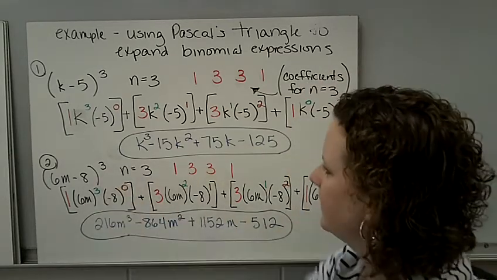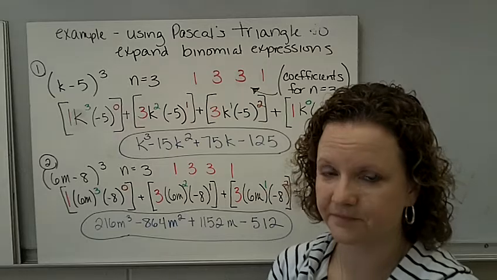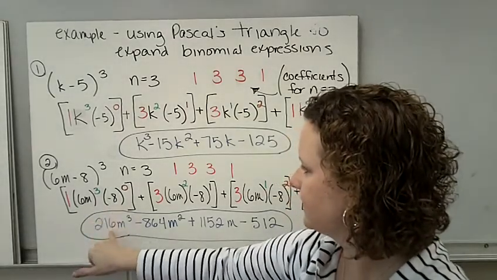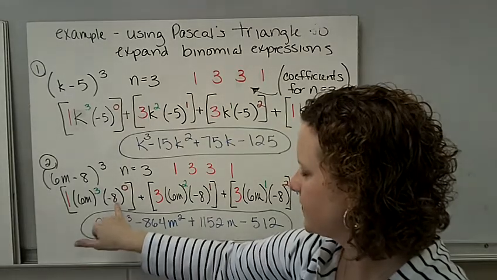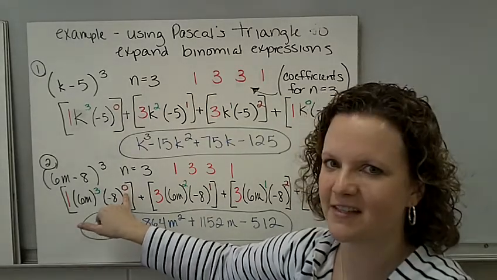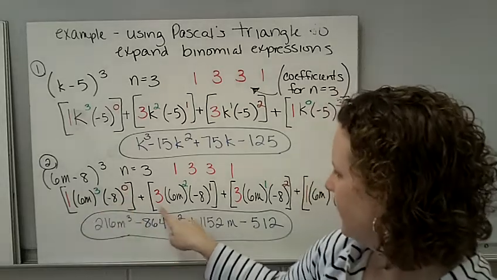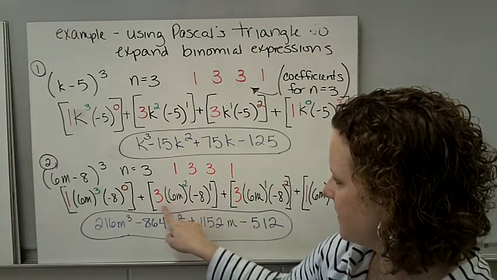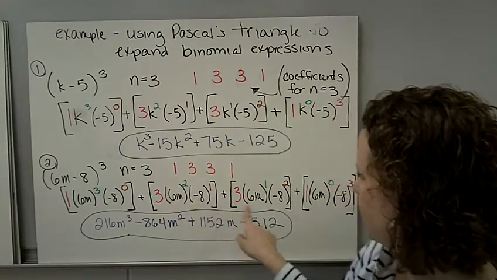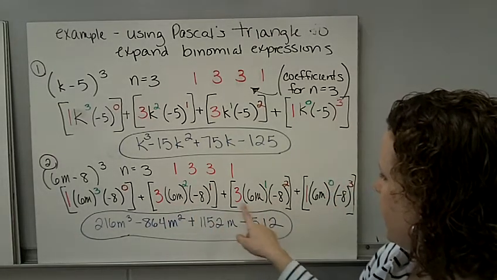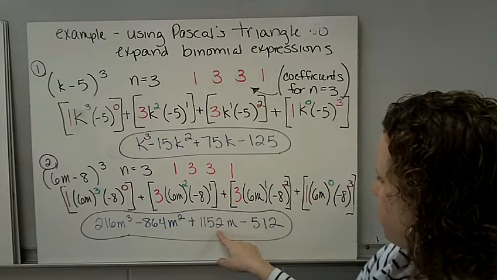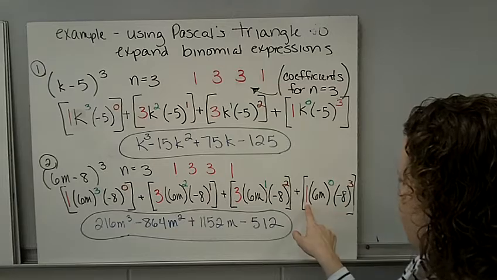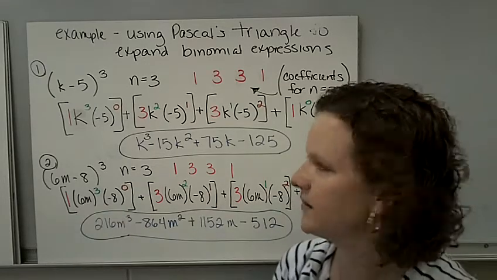That's your pattern, and then just working through the math. 6 to the 3rd power times negative 8 to the 0 power, which is 1. 3 times 6 squared times negative 8. 6 to the 1st power, negative 8 squared times 3. 6 to the 0 power, negative 8 to the 3rd power times 1. And that gives you your answer.